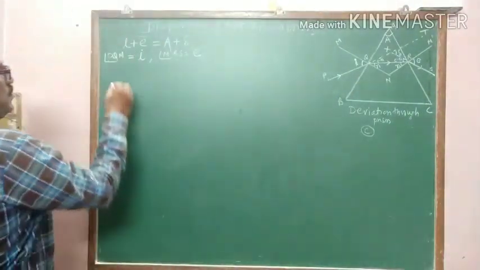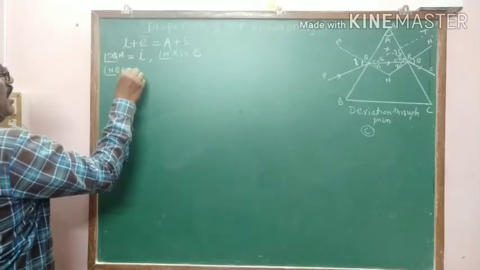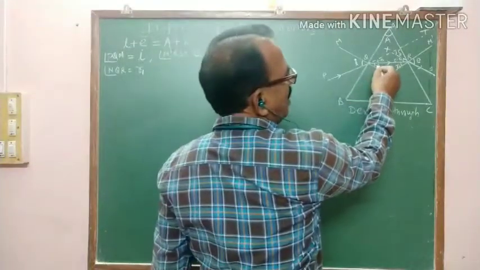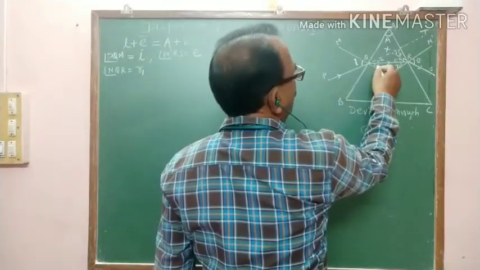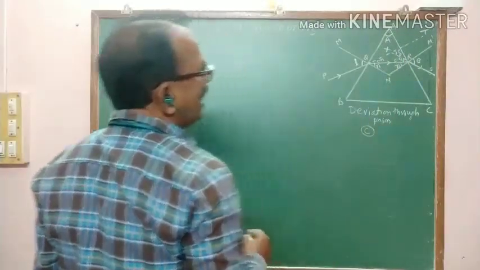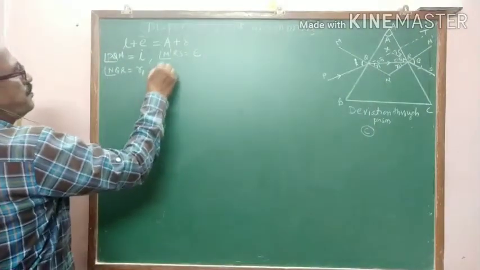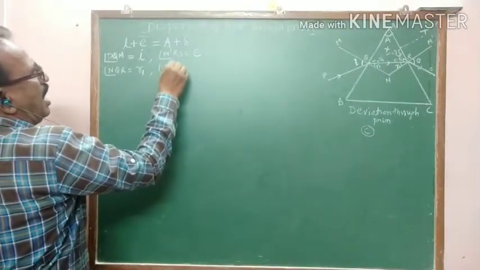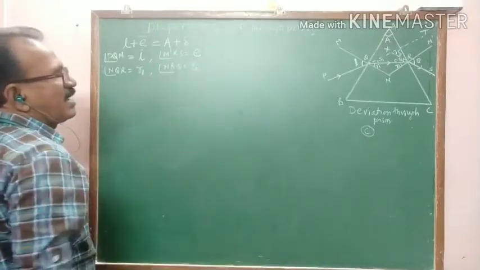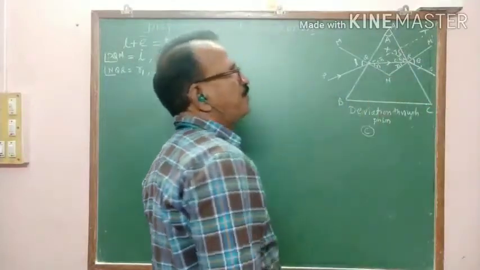Angle NQR is equal to the angle of refraction r1 on the refracting surface AB, and angle NRQ is equal to r2, the angle of refraction on the surface AC.